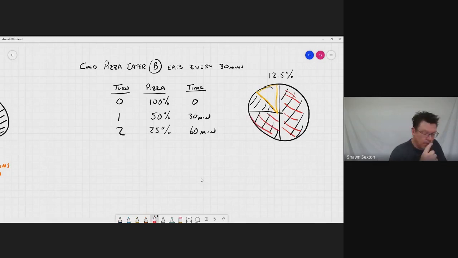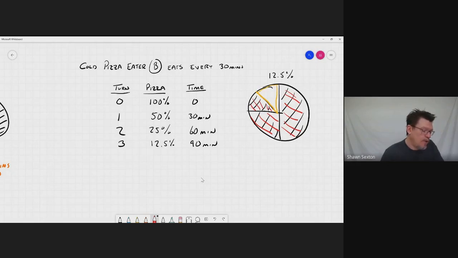All right, so let's do turn 3. At turn 3, we take 25%, cut it in half. That's going to be 12.5%. And that would have happened at 90 minutes. So now we've accounted for all of the eaten pizza, and we only have 12.5% left.